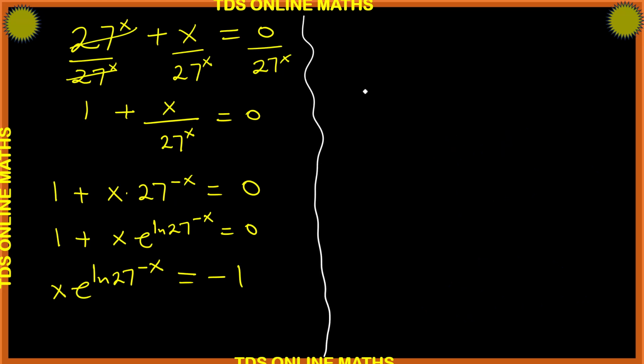All right, before we can apply the Lambert W function, we have to make sure what is here is the same as what is here. But let's go ahead and write this one well. It's like saying ln of a raised to x is the same as x raised to ln of a. So we are applying the power rule of logarithm.